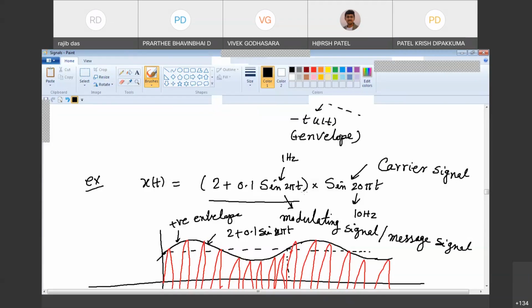And this resulting multiplication is called the modulated signal. So this modulated signal x(t) can travel through the channel efficiently. So this process is called modulation, and this equation has a particular name. It is called amplitude modulation.